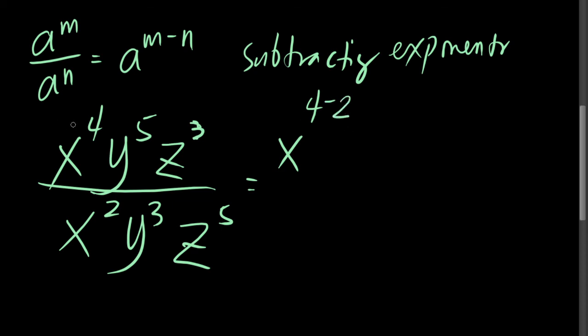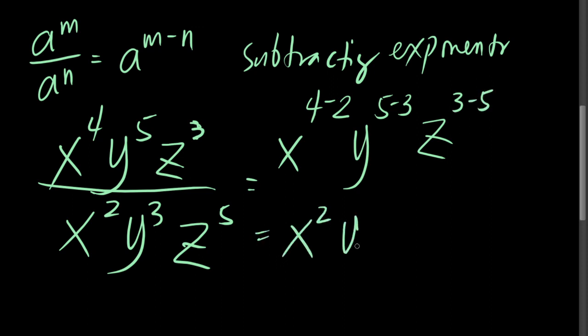Right? 4 minus 2. Y, 5 minus 3. Z, 3 minus 5. Simplifying, that's x squared, y squared. And then, z, 3 minus 5 is negative 2.